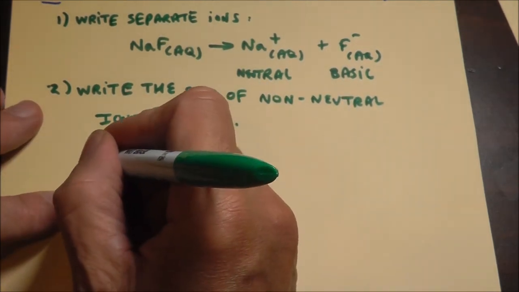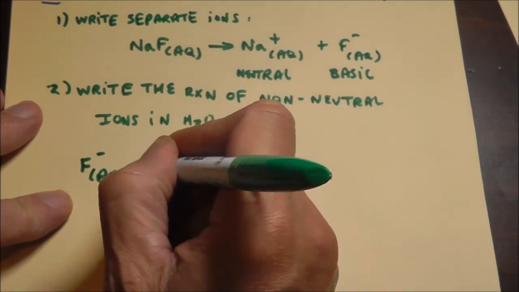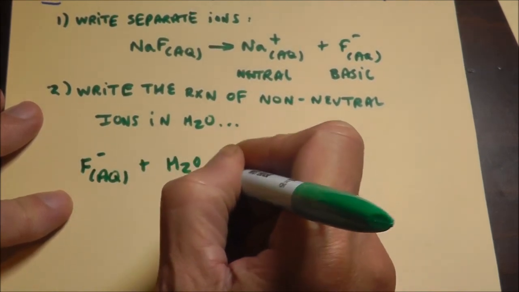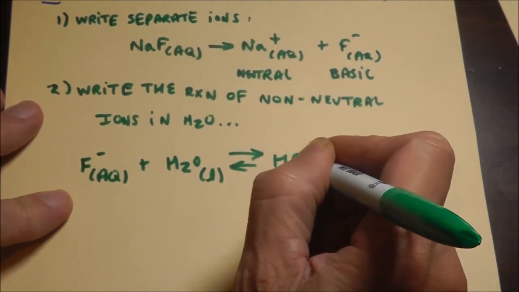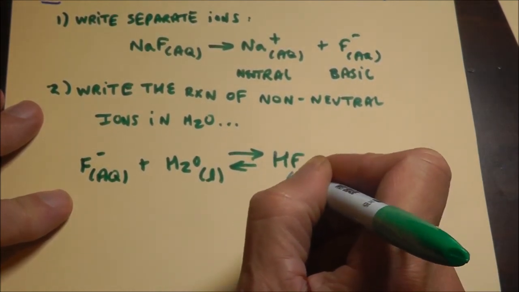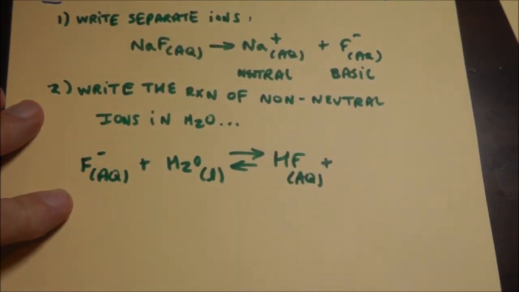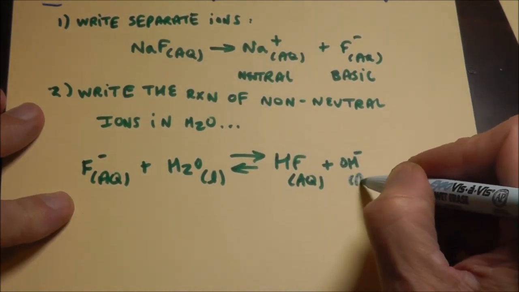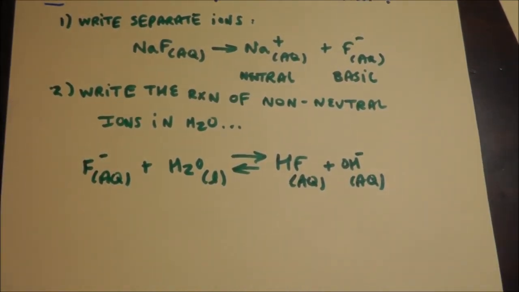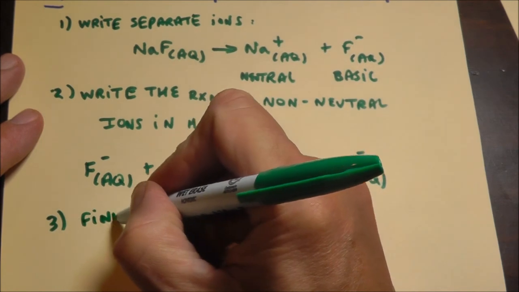I'm going to go ahead and do what we did earlier. F minus aqueous plus water goes to make HF as it has to, because it's part of a weak system, plus what? OH minus. Now I'm going to go and I'm going to find the Ka, or Kb, I should say.